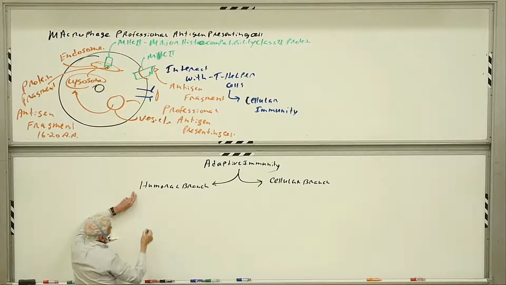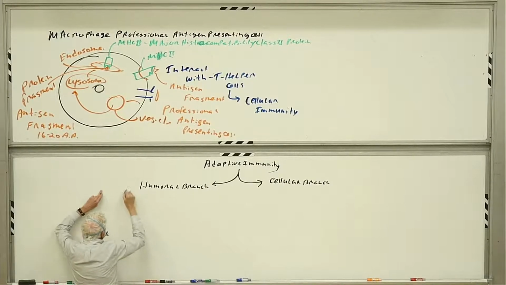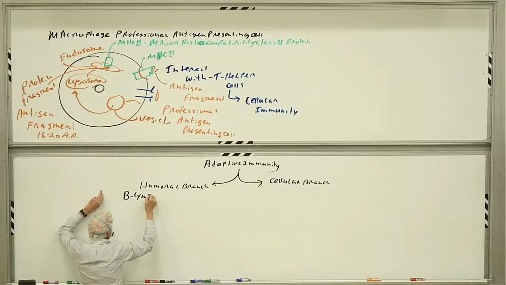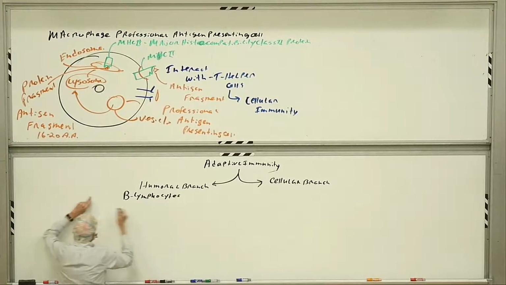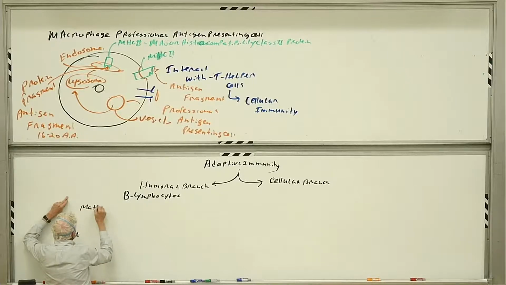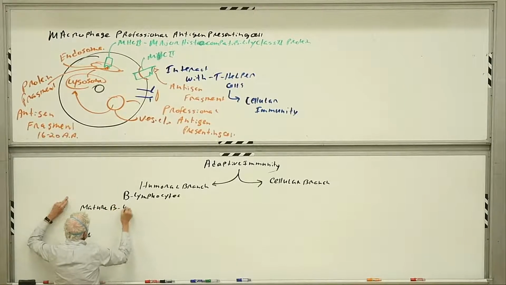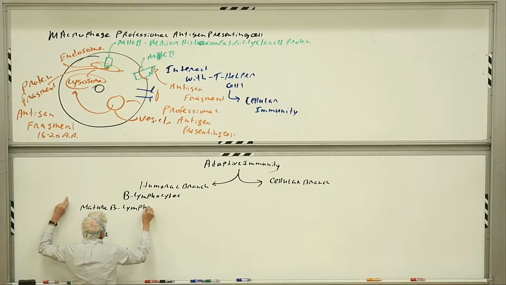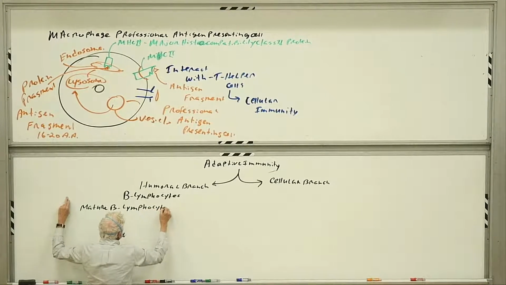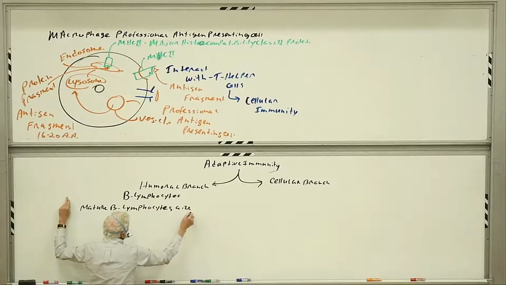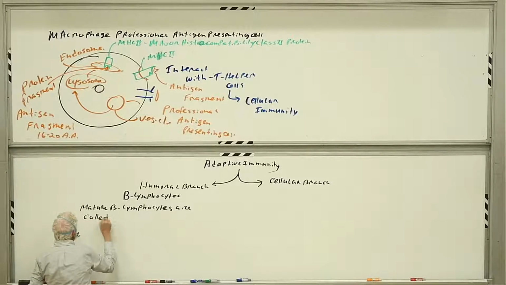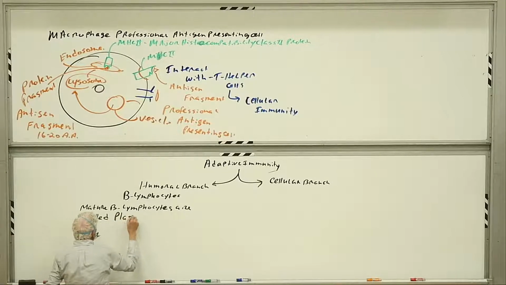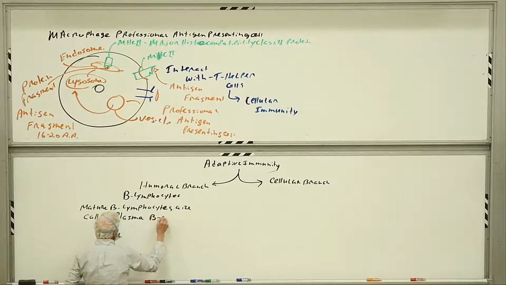The cell type responsible for the humoral branch are the B lymphocytes. Mature B lymphocytes are called plasma B cells, or B lymphocytes.